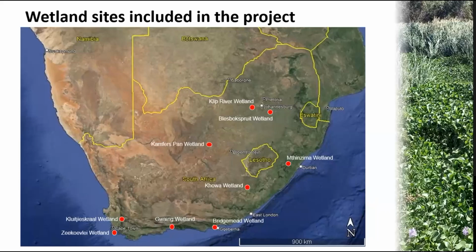I mentioned the 9 wetlands. You can see they're spread across several provinces, and Gauteng has the 2, Klip River and Blesbokspruit.